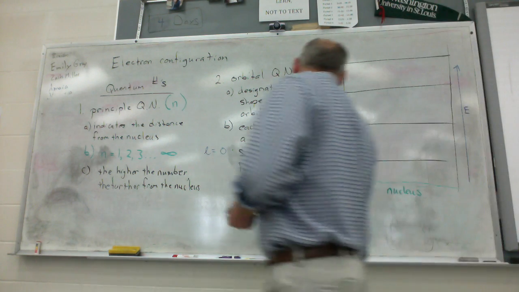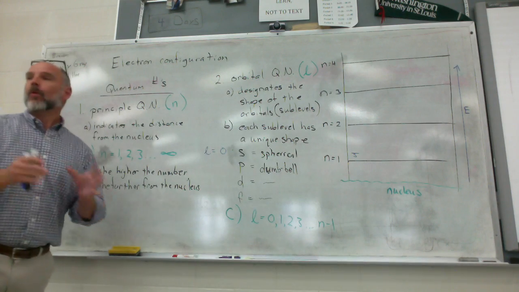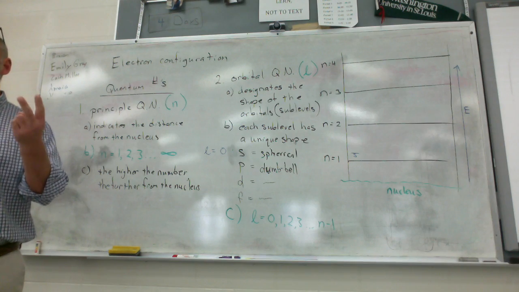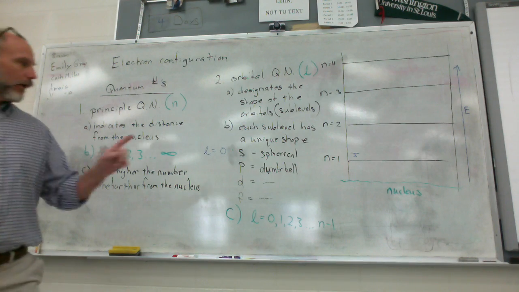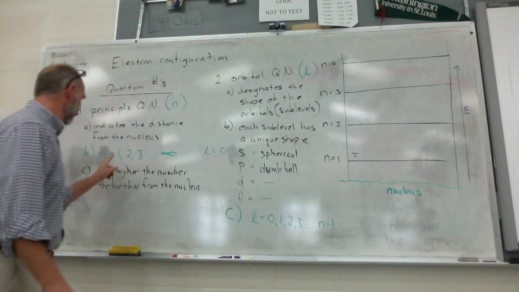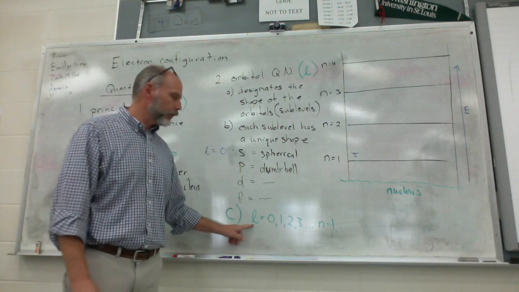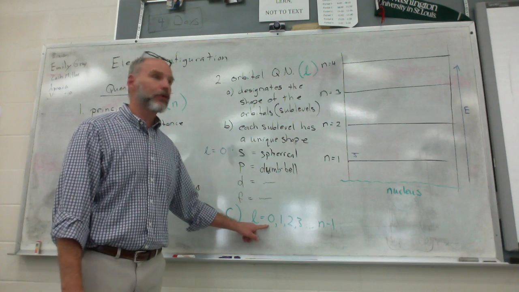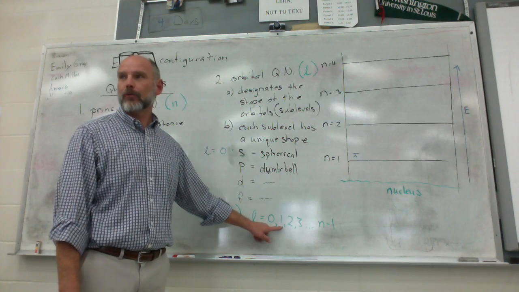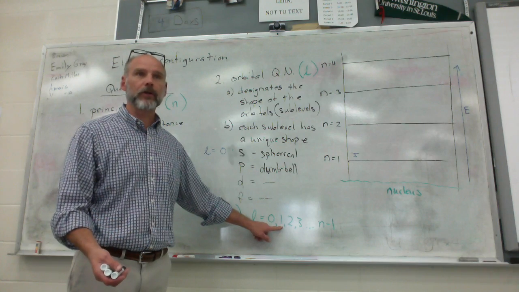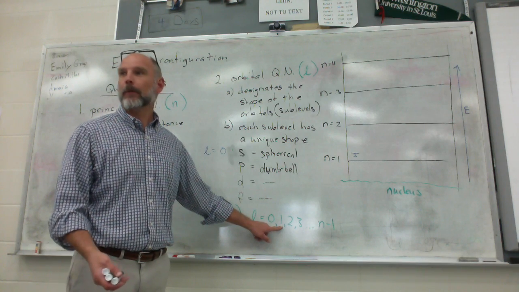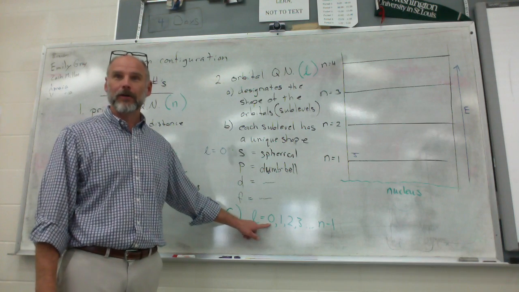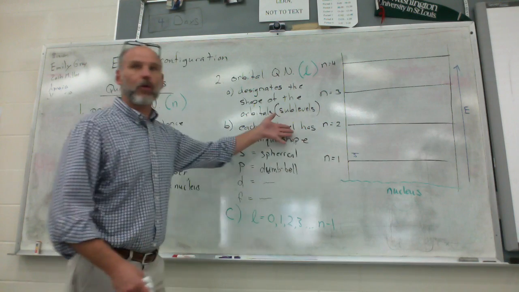So moving on. Now, what if n were to equal 2, the second energy level? Well, if n equals 2, what are my possible values for L? 0 through n minus 1, which is 2 minus 1, which is 1. Remember I said these are inclusive. So you're always going to have a 0, or an s orbital.